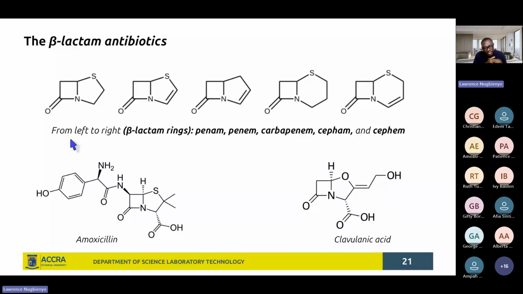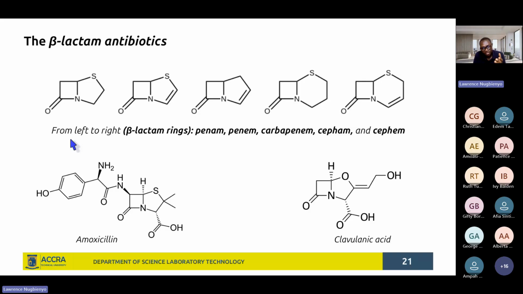Sometimes they refer to them as suicide inhibitors. The ring is closed and they are inactive, but when they enter the system and interact with that glycopeptide transpeptidase, the ring opens and then binds to the active center and renders the enzyme inactive.